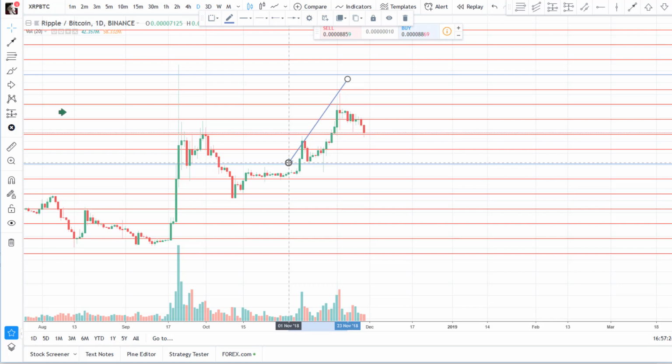And when you project out and add additional value channels, and it's respected, this can give you a good place to look for where price might find support, where price might slow down, and all the other things that I cover in all my other videos.